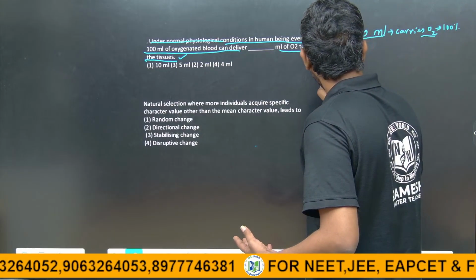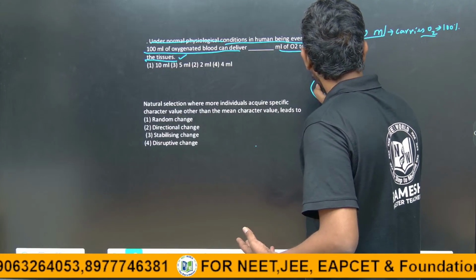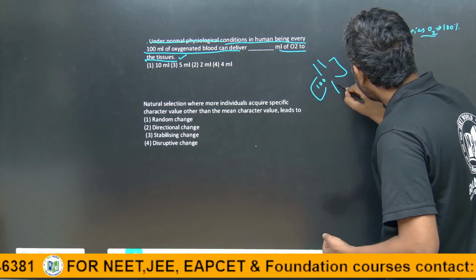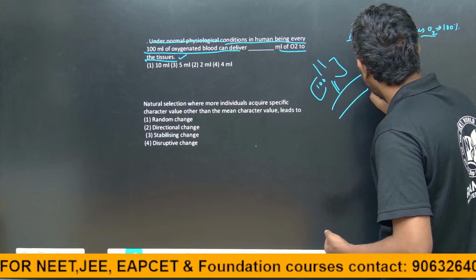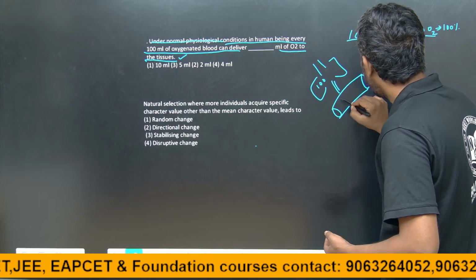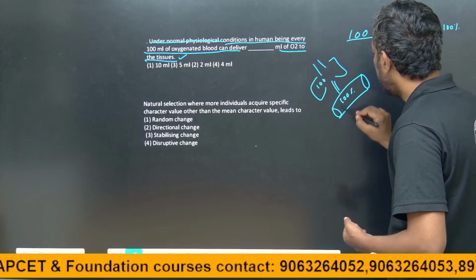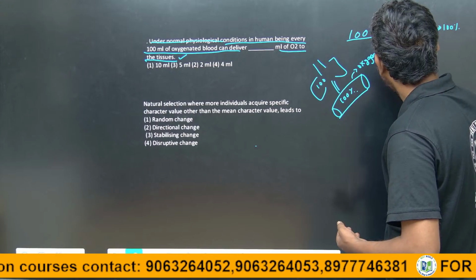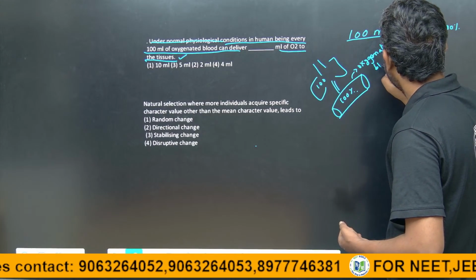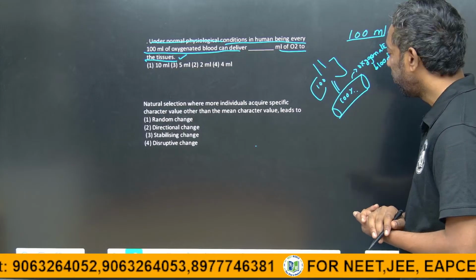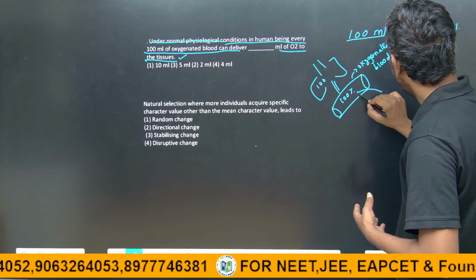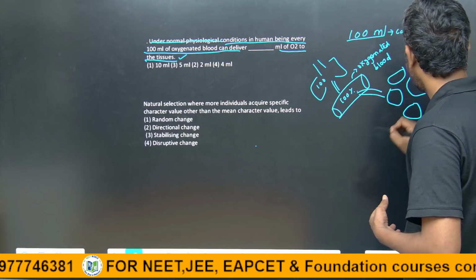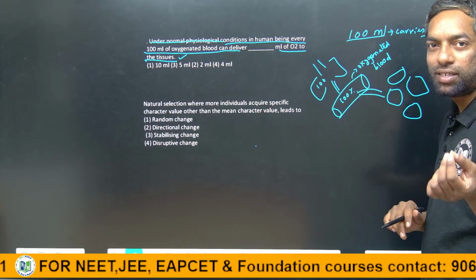Guys, this is the lungs. Lungs have 100% oxygen. From the lungs it reaches the blood, right? If the 100% oxygen enters into the blood, this is oxygenated blood. This oxygenated blood finally reaches the tissue.